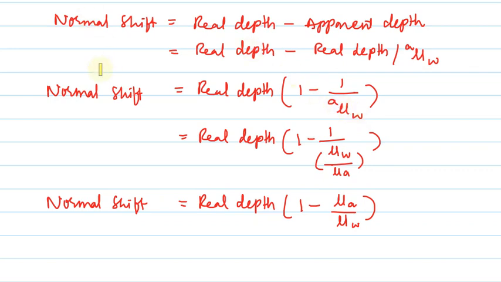Another relation for normal shift is real depth into 1 minus refractive index of air upon water, when we simplify this. Hope you have understood the explanation. Thank you.